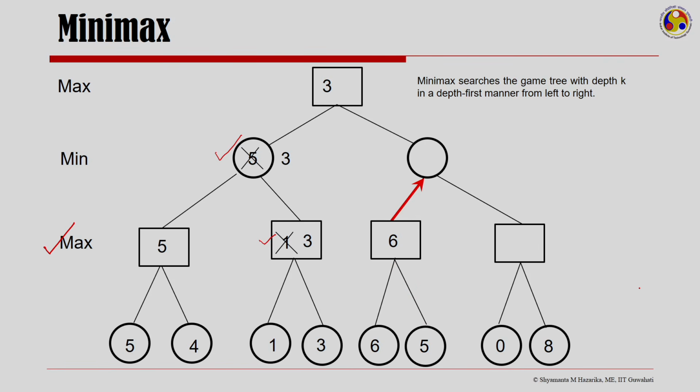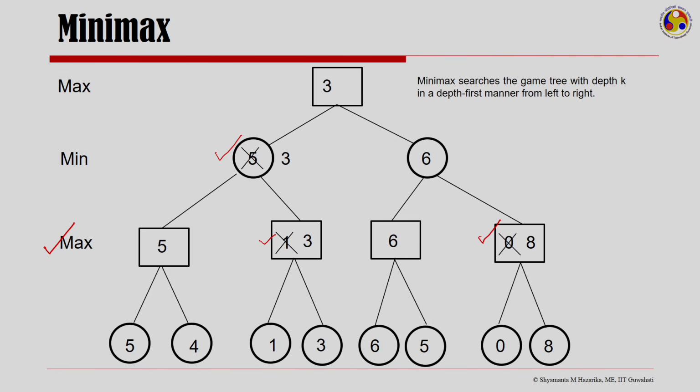It backs up 6 to the Min and then comes down one final time to the leaf node which is 0, backs up the 0 value. But interesting to note at this point of time that again we have a Max node and the leaf value is 8, so 0 would be overwritten by 8.